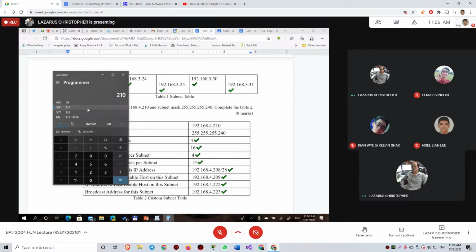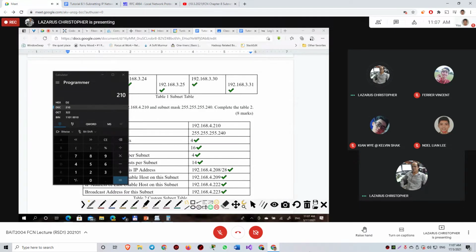Let's just write it down: 11010010. And the subnet mask is 11110000. Correct? This is what the router does.